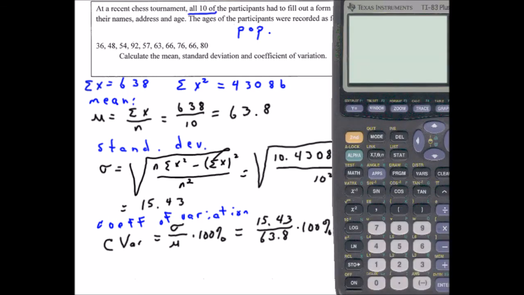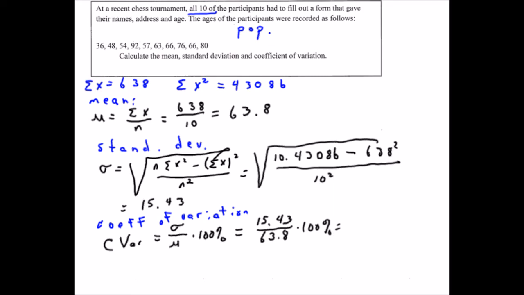If you look at that screen, notice that there is no value for CVAR. There's a lot of different things down there, but not CVAR. So you actually have to enter that into the calculator, and that is a 24.2%.